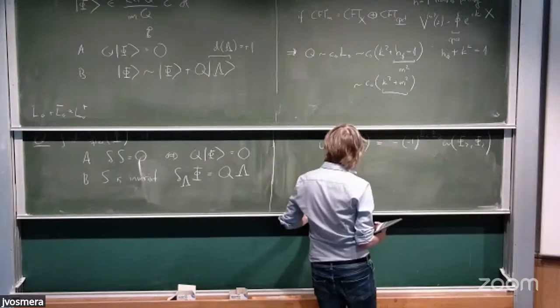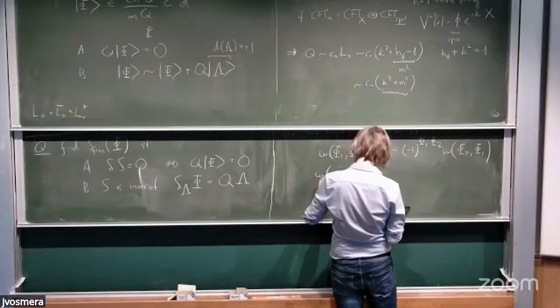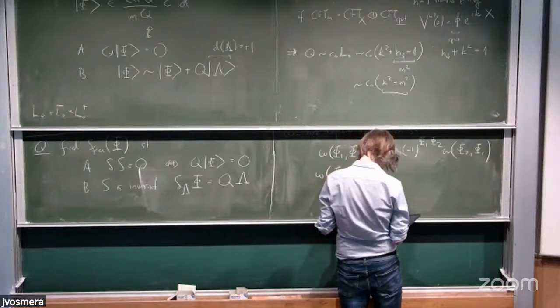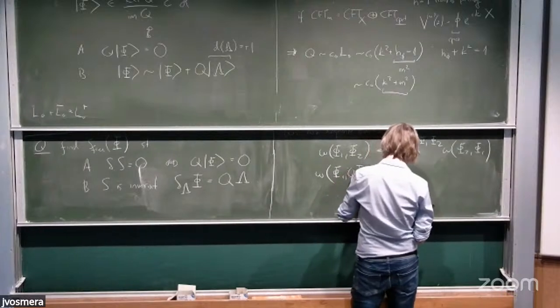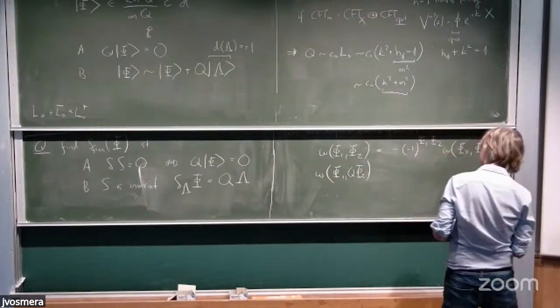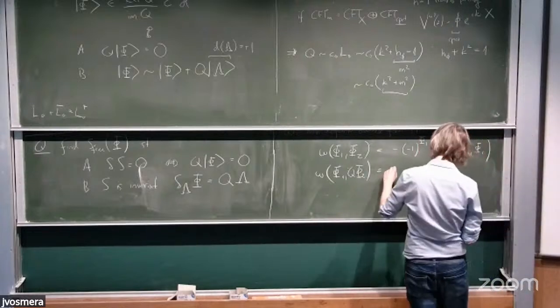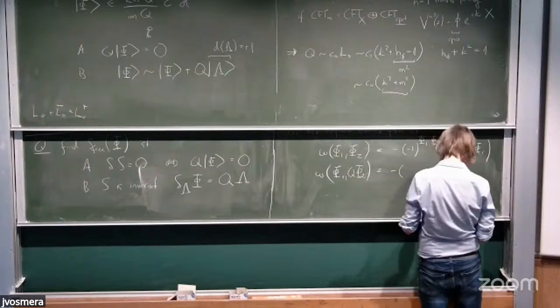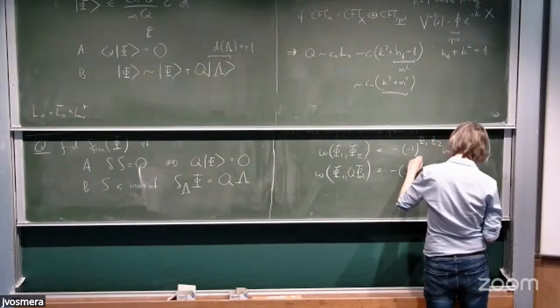And the other property which I need to assume is that it's, so to speak, BRST invariant. So when I act with Q on one of the insertions of this non-degenerate bilinear form, then again up to some signs, this is the same as acting on the other insertion.